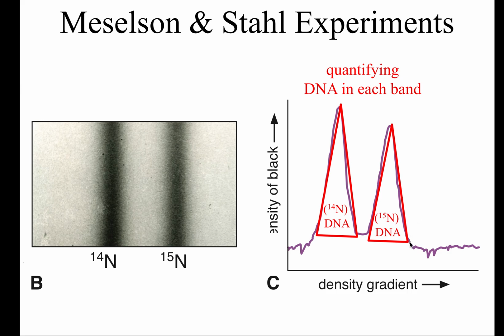They get these two peaks, and then they take the area of the peak, and that quantifies how much is at the 14 spot, how much is in the 15 spot. This technique is used a lot in molecular biology to quantify a picture of something, like in a technique called Western blotting, for example.